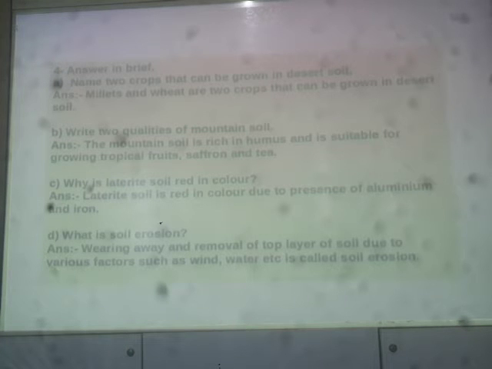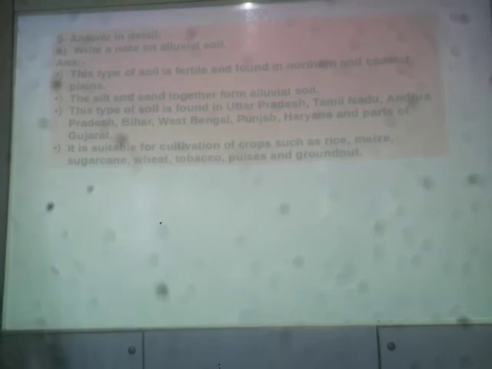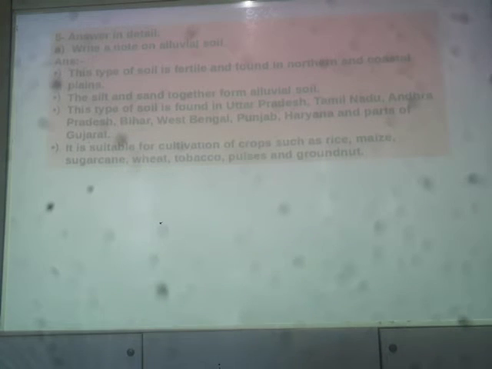Now after answering the brief questions, we come to questions answered in detail. Write a note on alluvial soil. So you have to write a note, the characteristic features of alluvial soil.